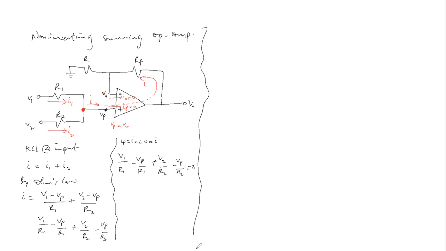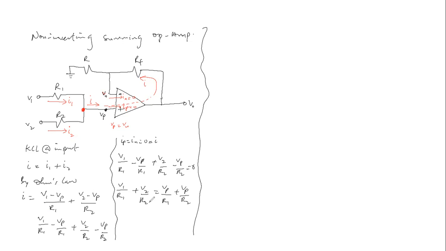Now, if that is clear, it means that from the foregoing, we can actually show that V sub 1 divided by R sub 1 plus V sub 2 divided by R sub 2 is the same as V sub P, that crosses the equality sign, divided by R sub 1 plus V sub P divided by R sub 2.